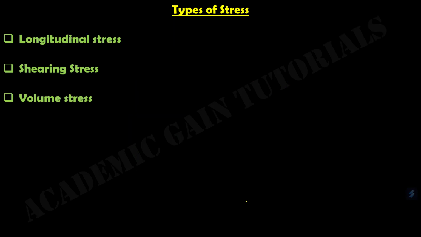Now we'll see some types of stress. There are three types of stress. One is longitudinal stress, another one is shearing stress, and the third one is volume stress. So first of all, again recall what is stress.